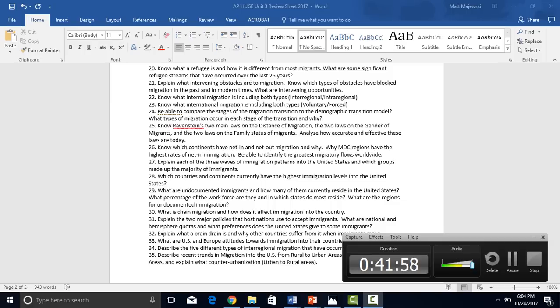Number 31. We're going to continue with 31. What are national and hemispheric quotas, and what preferences does the United States give to some immigrants? Remember, national quotas were where we limited the number of people that could come from any one country. That was viewed as kind of racist and discriminatory. Hemispheric quotas are what we have now.